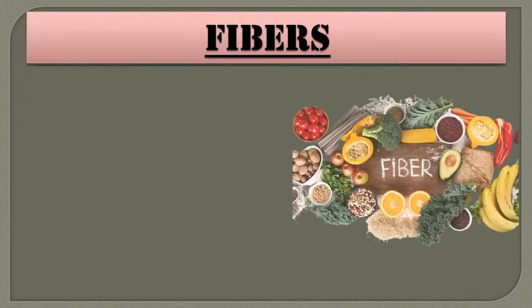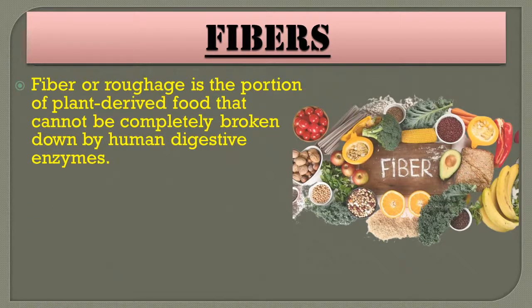Now the next constituent is fibers. These are the different sources of fibers. Fiber is also known as roughage. Fiber or roughage is a portion of plant-derived food that cannot be completely broken down by the human digestive system. Although it is not digestible by our body, it plays a very important role.